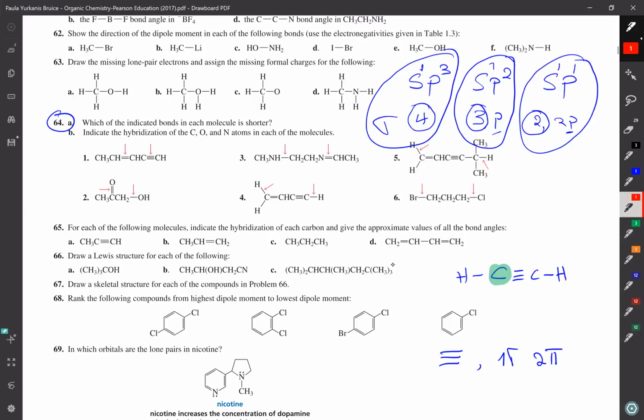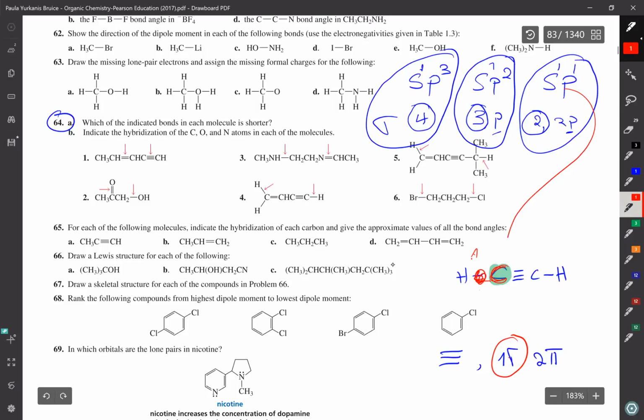Because the green carbon is connected by a triple bond, which contains one sigma bond, and on the left side of that carbon there is one extra sigma bond, we have a total of two sigma bonds surrounding the green carbon. Does that make sense?